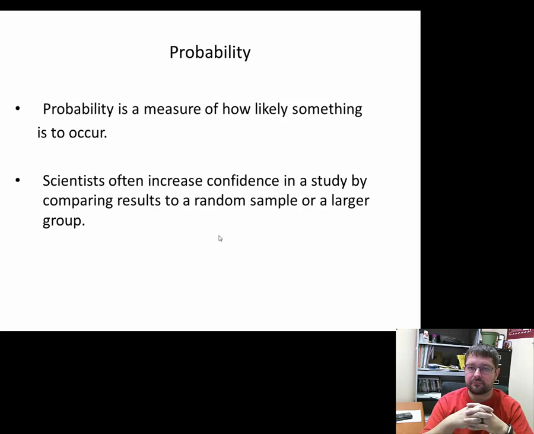Now, sometimes, though, we have the ability to increase the level of confidence, okay, by trying to eliminate things that might hamper the study. Okay, so a very well developed study might be, let's say we're trying to look at climate change, or look at the role that carbon dioxide plays in warming the planet.